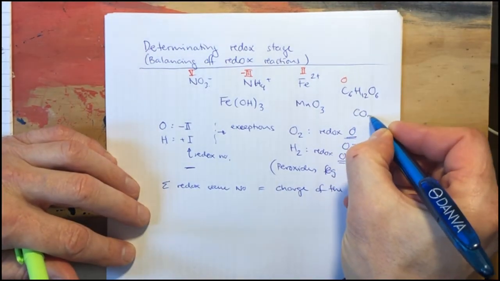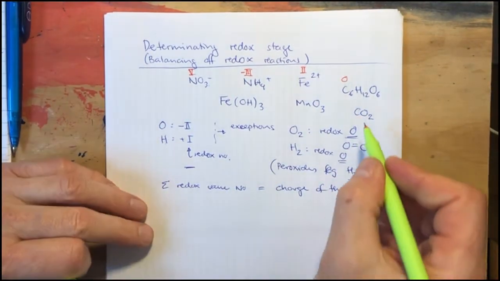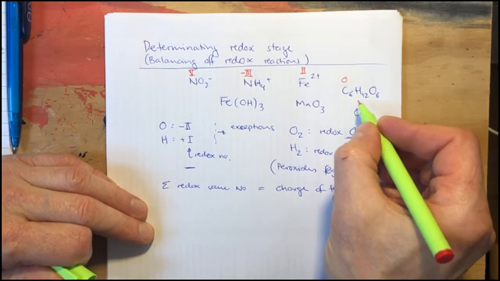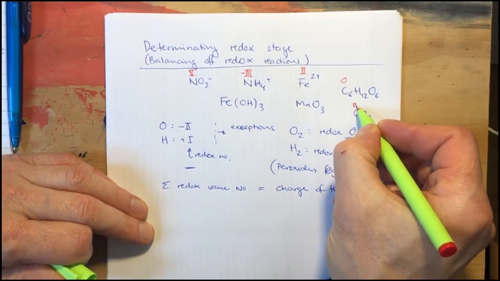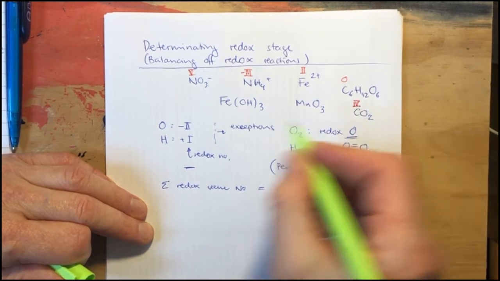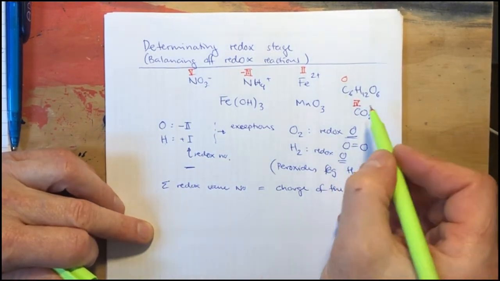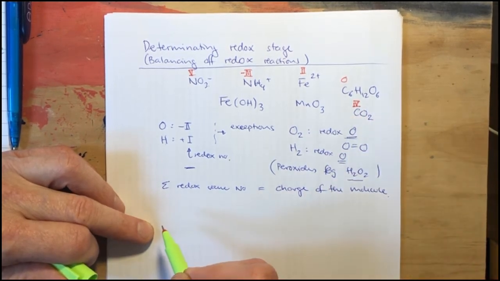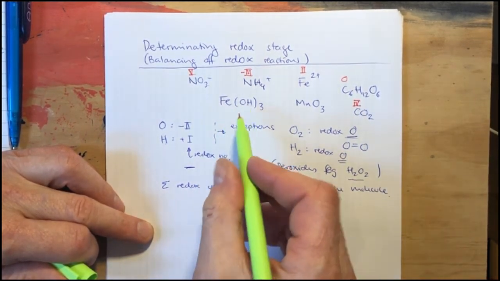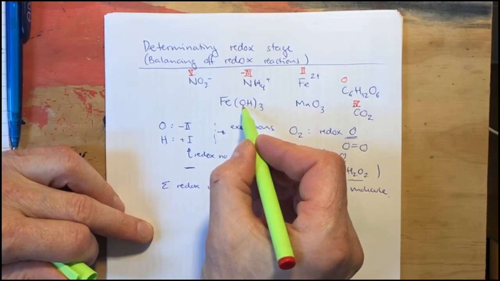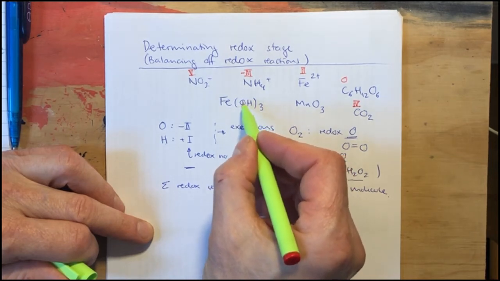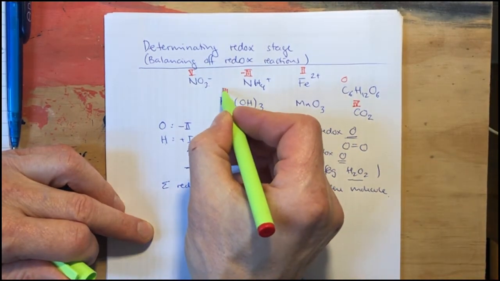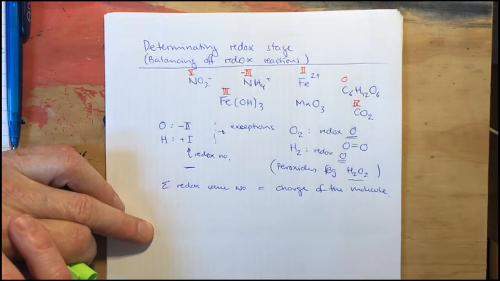In CO2, which is the very oxidized form of carbon, carbon has to have a value of +4, because there's 2 times 2 minuses here, and the net charge of this molecule has to be zero. Iron here, well, this is -2 plus 1, so this is -1. This group, there's 3 of them, so the iron here is oxidized, and has to have the redox number +3.